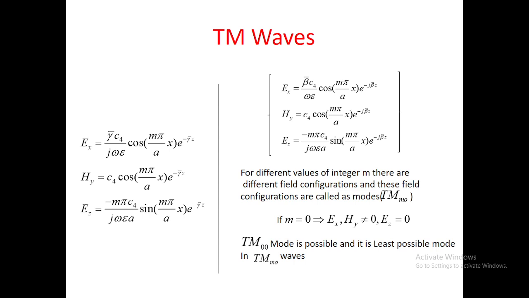These are the final equations for TM waves, transverse magnetic waves: Ex, Hy, Ez. Here m equal to 0 means Ex, Hy are not equal to 0. So the least possible mode is TM00.